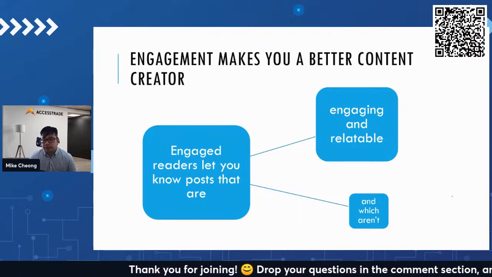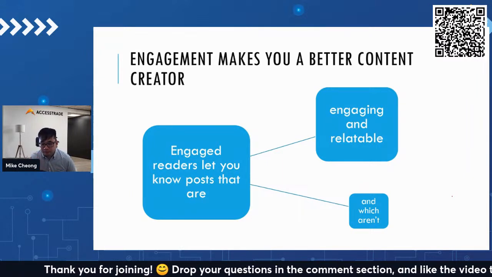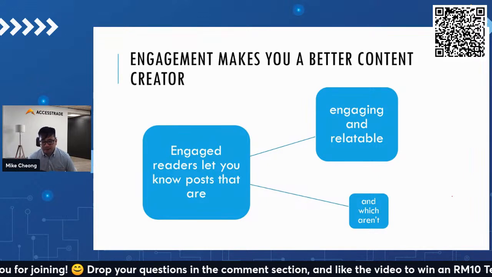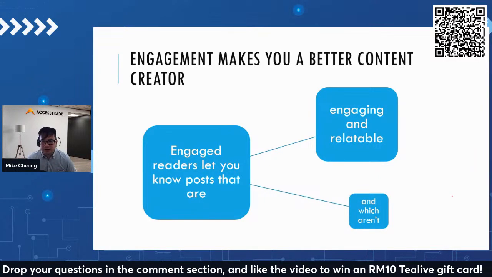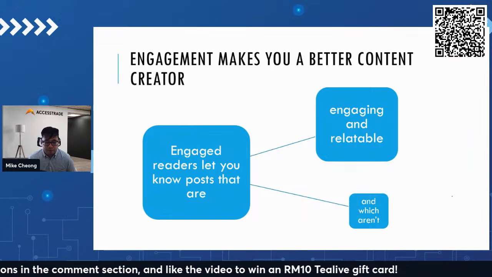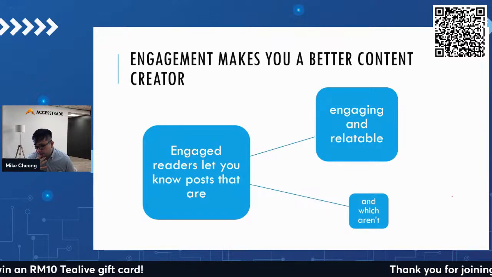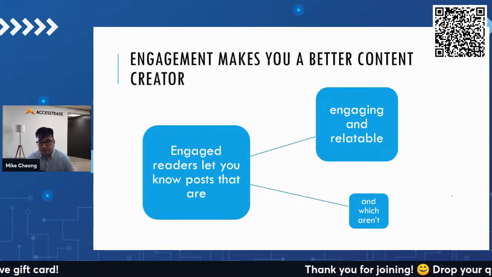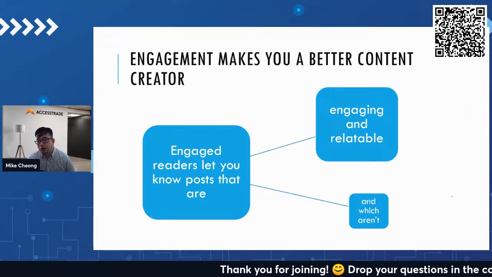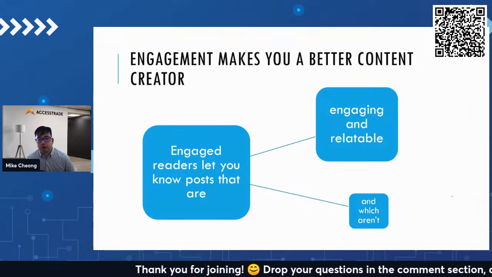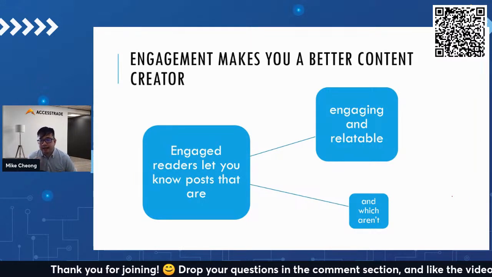So you can see, wow, people like to comment on whether this shirt is nice or not, rather than when I promote, for example, a tech product. But when I talk about clothing, when I talk about food, wow, people really engage with me.